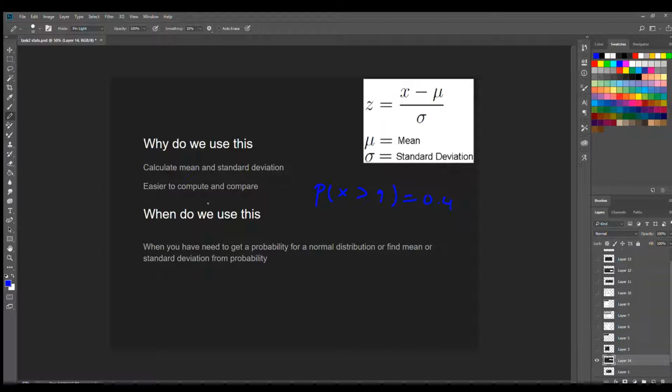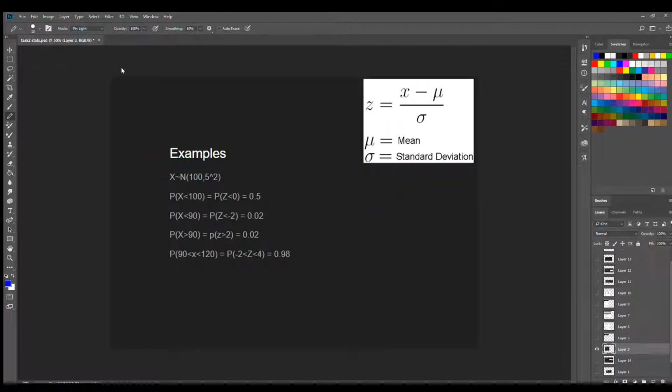We can also use this to compute and compare against other normal distributions. So for example, for the normal distribution where the mean is 100 and the standard deviation is 5, we can use the z formula here to calculate what each x value would give.